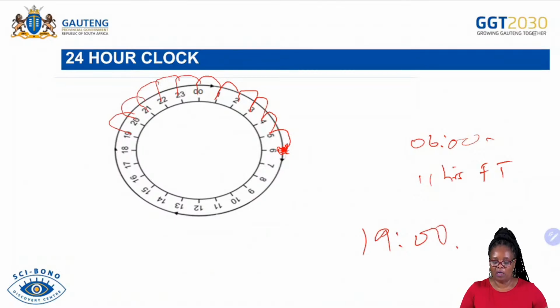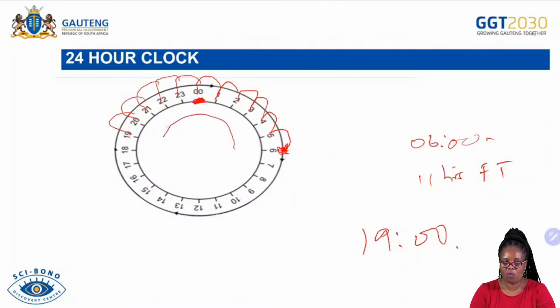Before we go to our scenario, our question there, I want you to look at this. We have gone beyond midnight, 0000 hours. We passed midnight going where? Backward. When you go backward, it means you are losing a day.